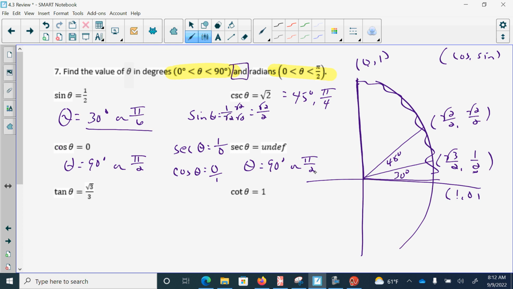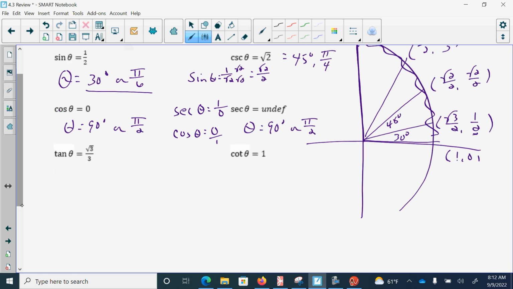When is the tangent equal to the square root of 3 over 3? So I'm just going to draw my other one, which is 1/2, square root of 3 over 2. In order to get a tangent, remember tangent is sine over cosine. So if I do this one, let's try this one first.